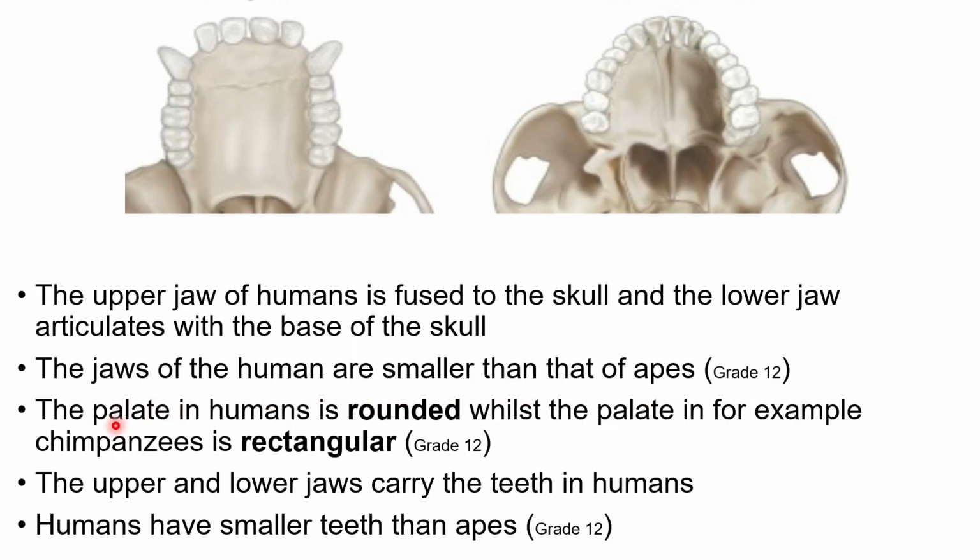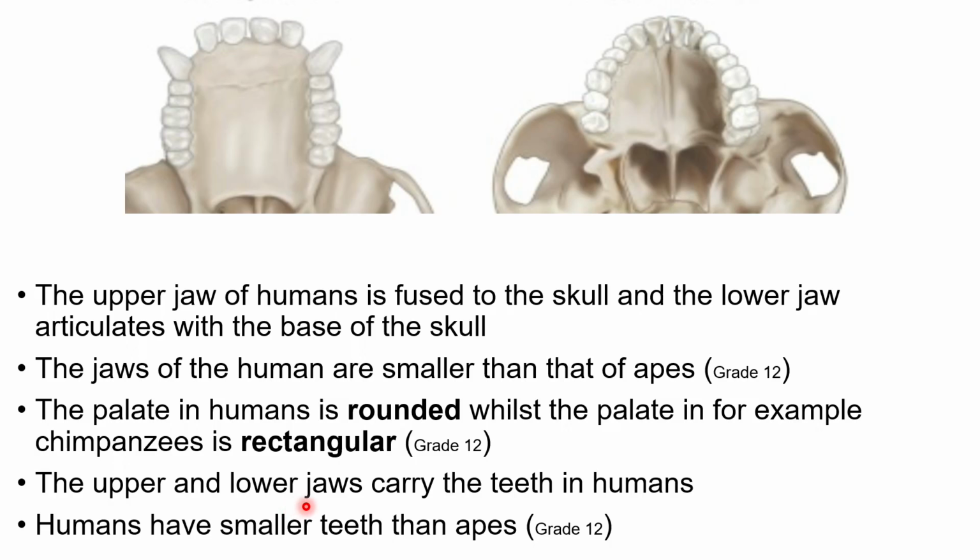If we compare the palate of the two, humans have a rounded palate, where a chimpanzee or the baboon has a rectangular shape. So round in comparison with rectangular. The upper and the lower jaw carry teeth in humans, and humans have smaller teeth than apes.